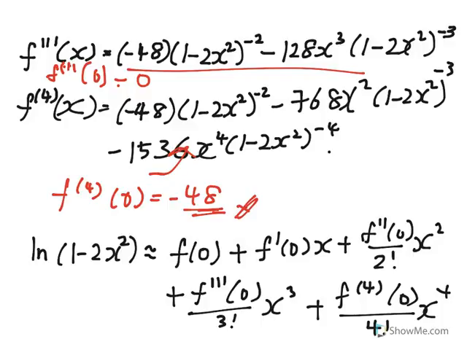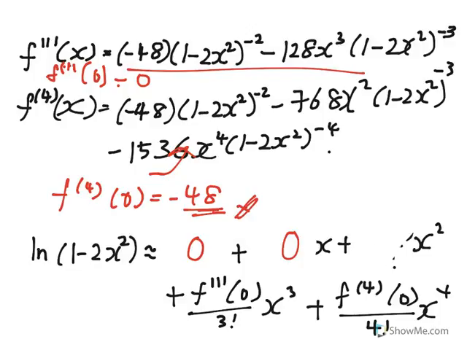Okay, so this is going to be 0. This is going to be 0 as well. F double prime 0 is negative 4, so we have negative 4 over 2 factorial, which is just negative 2. F triple prime is 0, so this will disappear as well. F4 of 0 is negative 48, so this one will be negative 48.